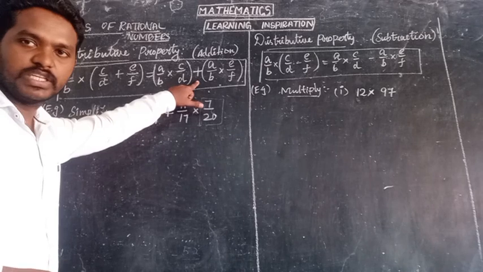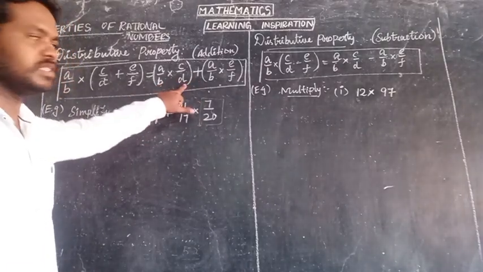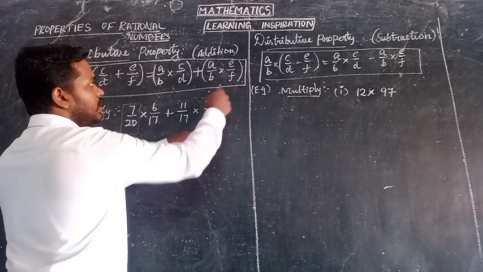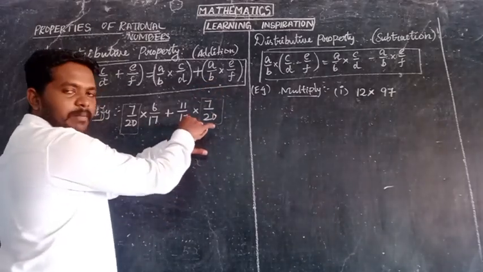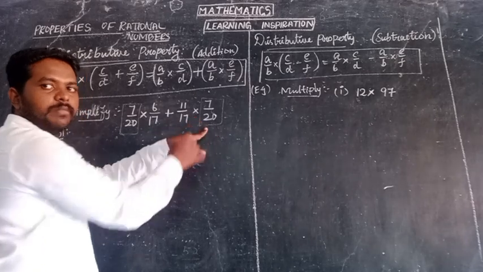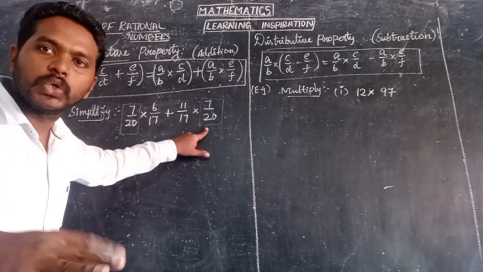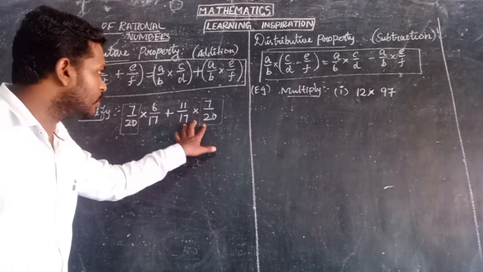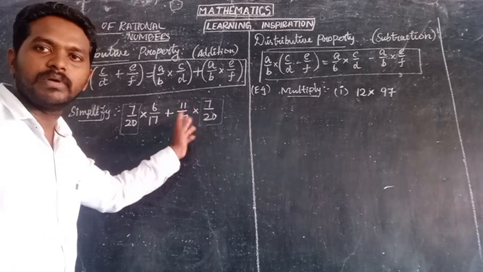So it is in the form a by b into c by d plus a by b into e by f. Here we apply the commutative property. Commutative property means we can multiply two numbers in any order.